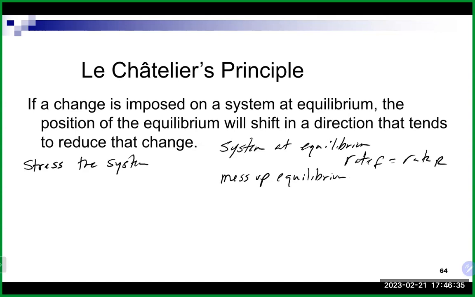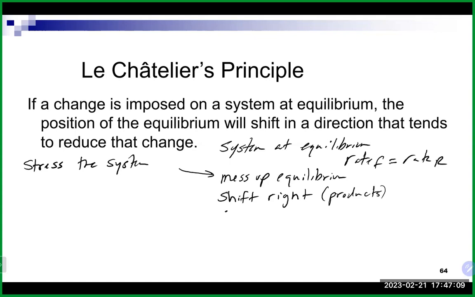So by adding the stress, it will then really kind of screw the equilibrium up. You no longer will have back and forth at the same rate. So what the reaction is going to want to do is try to get itself back to a state of equilibrium. And in order to do that, usually one of three things will occur. It will try to get itself back to equilibrium by shifting to the right, is sometimes referred to. And shifting to the right means that we are obviously making more products.